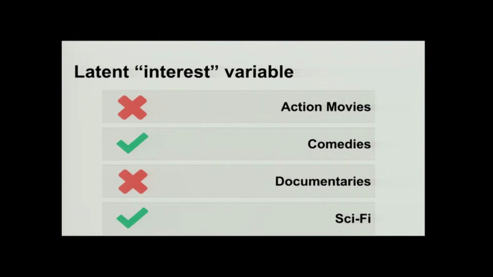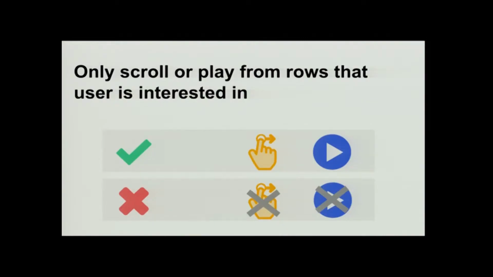Then we introduce a latent binary variable to indicate whether this user is interested in this row or not. We assume a user will only scroll or play from the rows they are interested in, and they don't scroll or play from the rows they are not interested in.